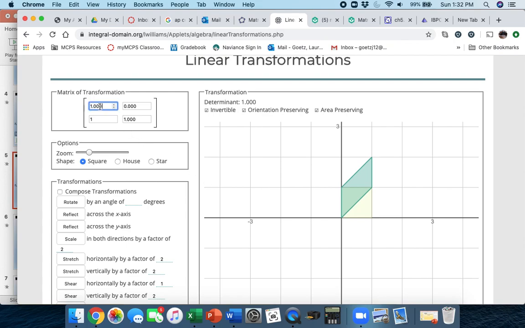The next one I asked you to do was the transformation matrix 2, 1, 0, 2. So that is a dilation, a scale factor of 2, and a horizontal shear. Do you see that?